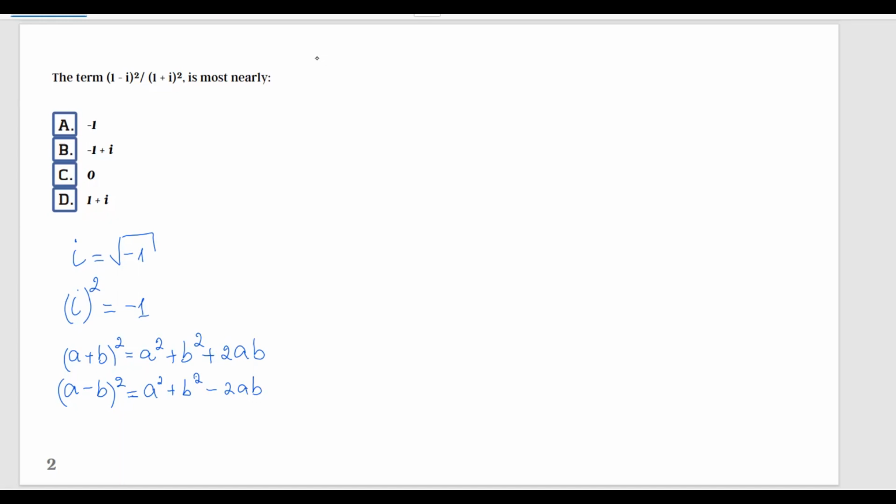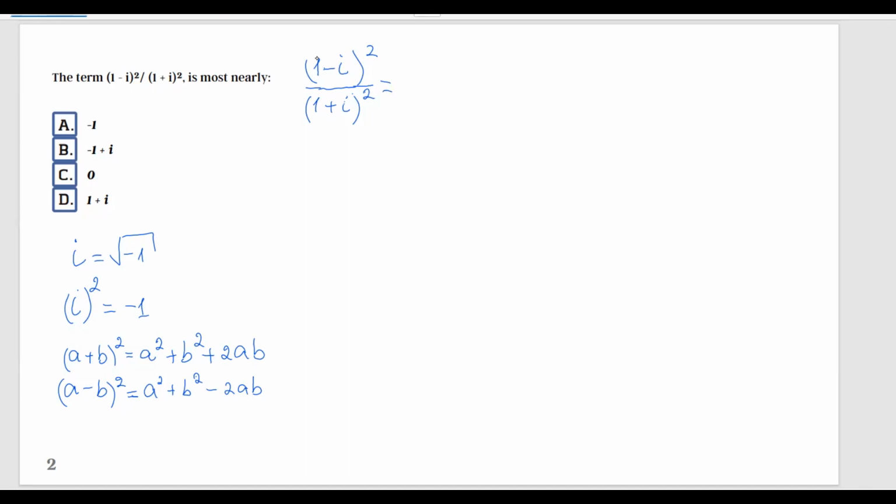All of this we're going to apply to our problem today, and I'm going to write it down here: (1 minus i)² divided by (1 plus i)² equals? So we're going to use the second formula for the numerator.